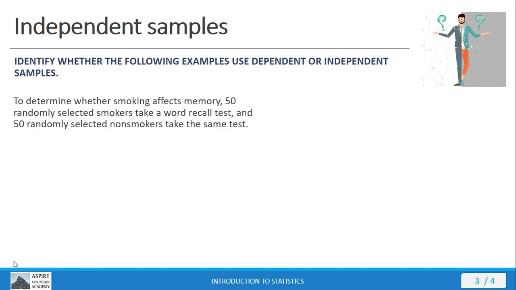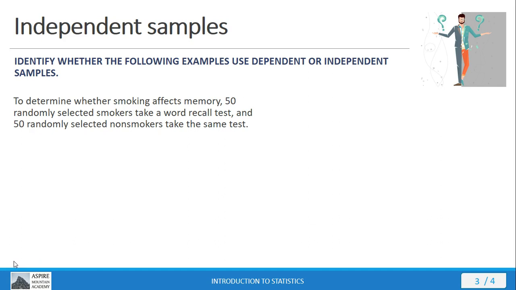Here's an example on the screen, and we're asked to identify whether it uses dependent or independent samples. Our example is a test to determine whether smoking affects memory. There are 50 randomly selected smokers who are asked to take a word recall test, and 50 randomly selected non-smokers who are asked to take the same test. Is this an example of dependent or independent samples?